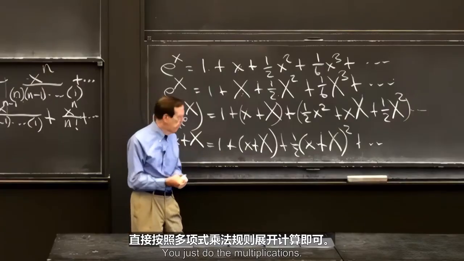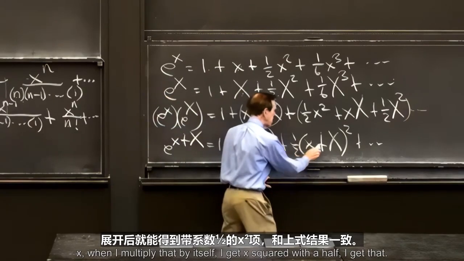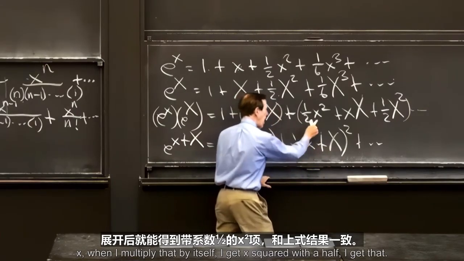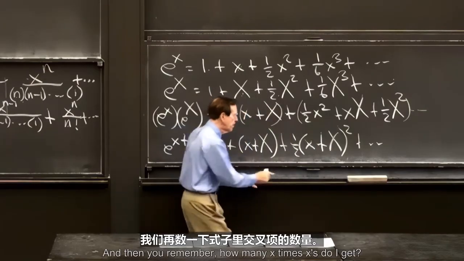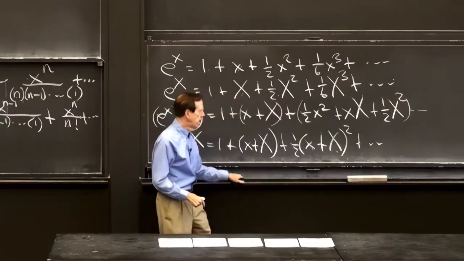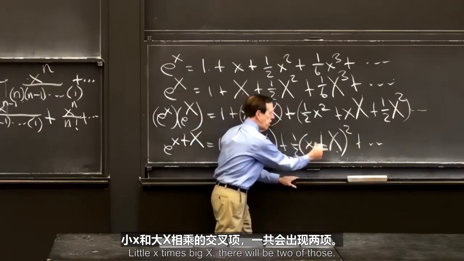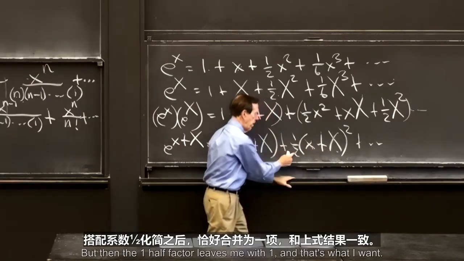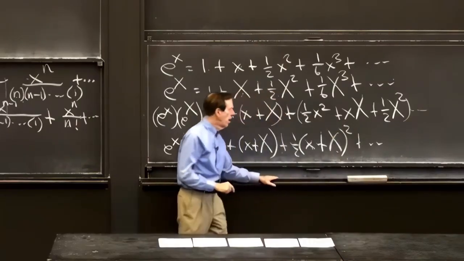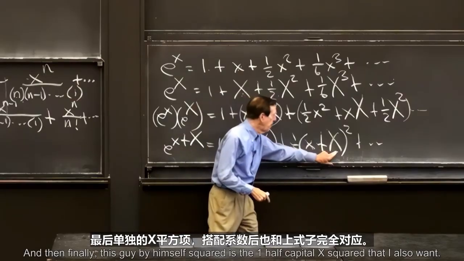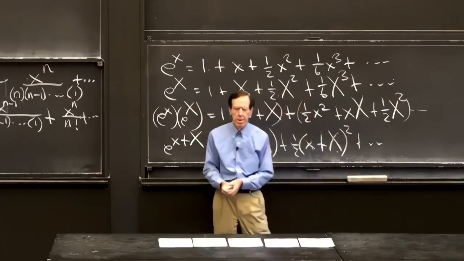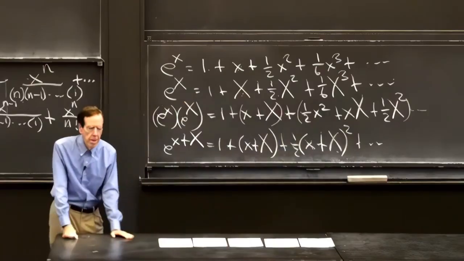You just do the multiplications. Little x multiplied by itself gives x squared, with the half, I get that. And then you remember how many little x times big X do I get? There would be 2 of those. But then the 1/2 factor leaves me with 1, and that's what I want. And then finally, this one by itself, squared, is the 1/2 capital X squared that I also want. So far, so good.